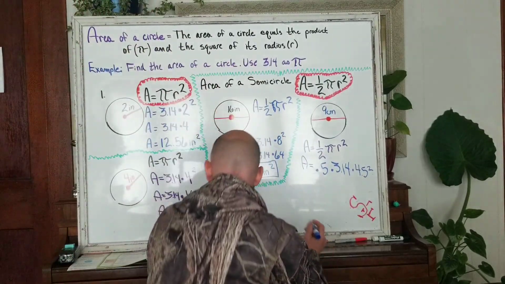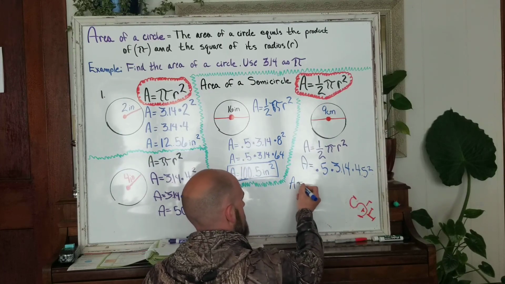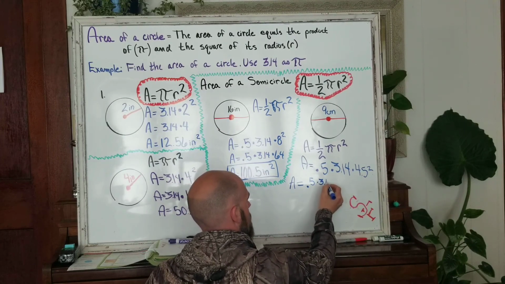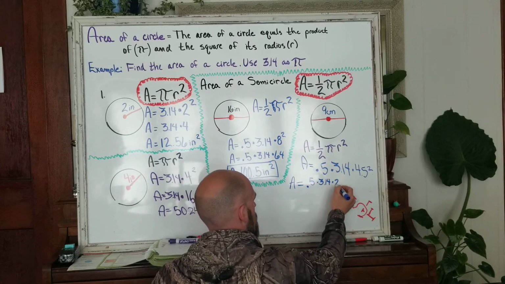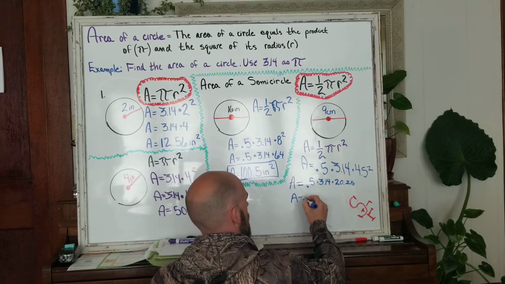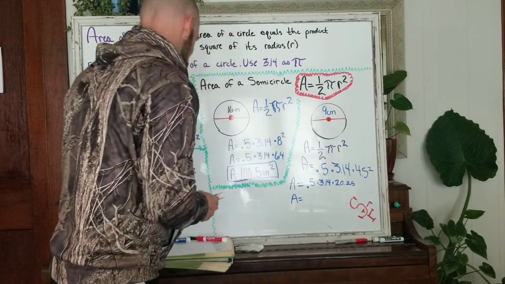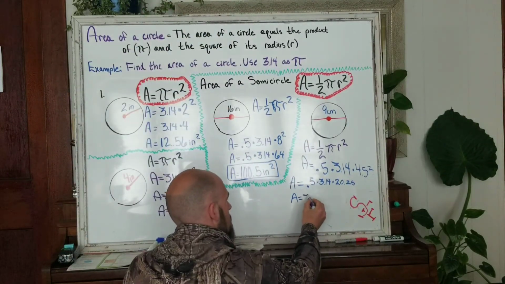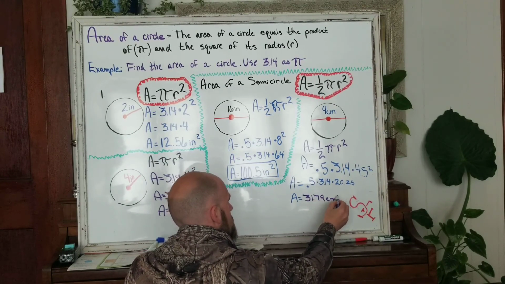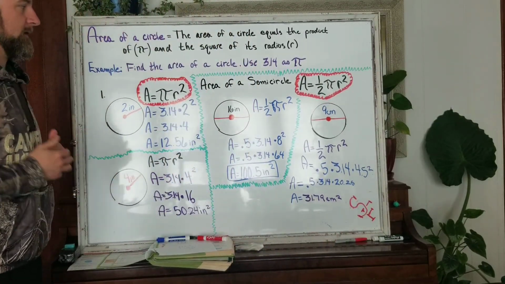You should come up with 20.25. So A is equal to 0.5 times 3.14 times 20.25. When you multiply all of these together, you should come up with 31.79 centimeters squared.